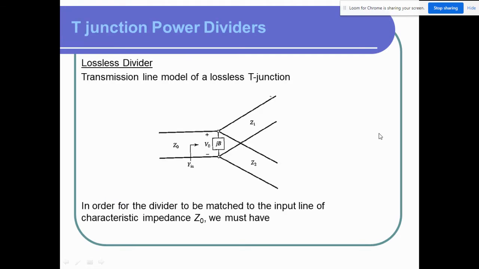So here, let us consider that we're going to design a lossless power divider, which is a transmission line model. A transmission line model is given, where there are three branches. This is the input power, which has its own impedance, and there are two different output power junctions.